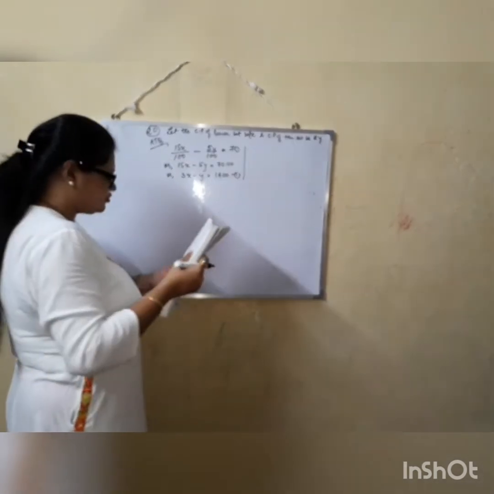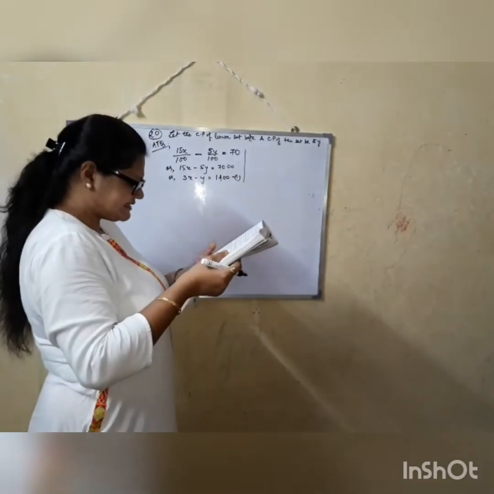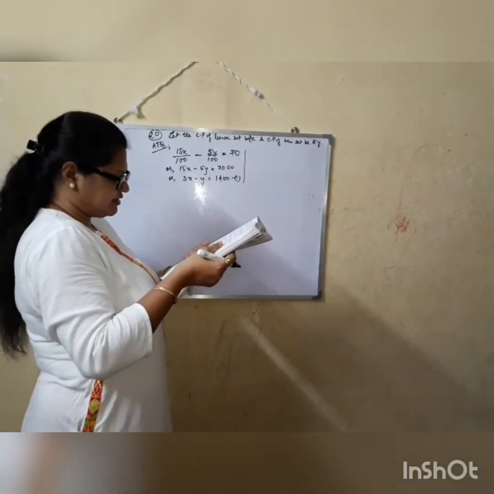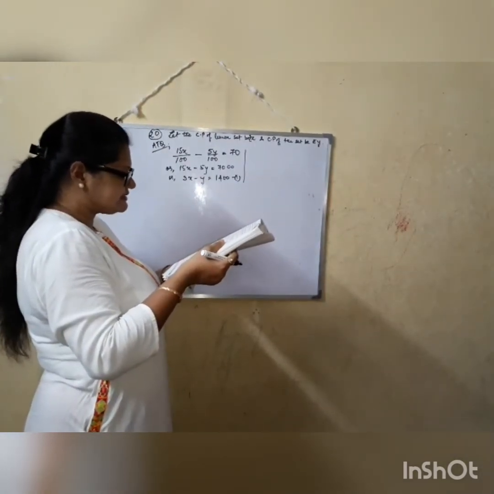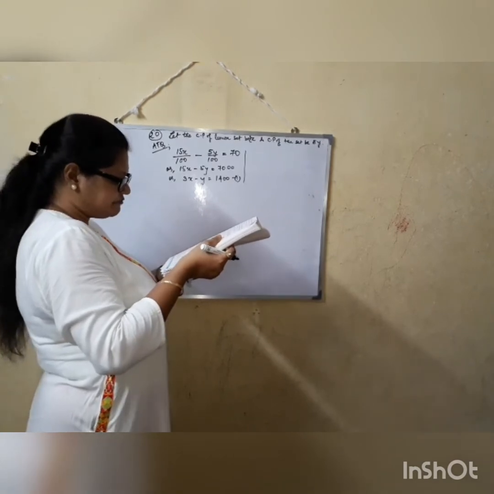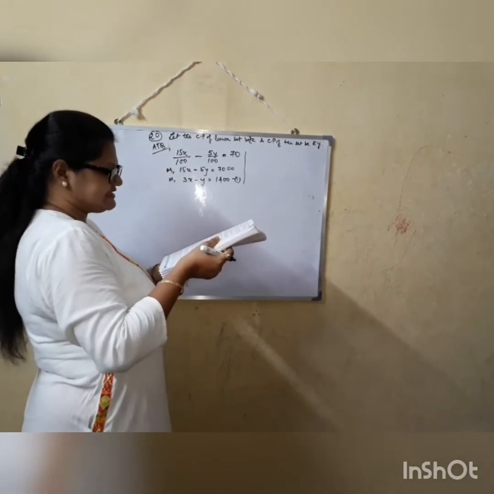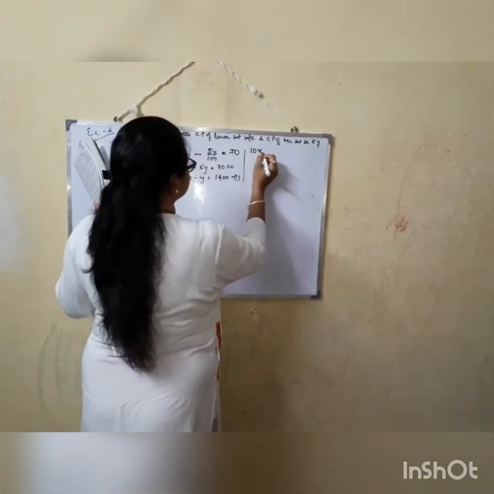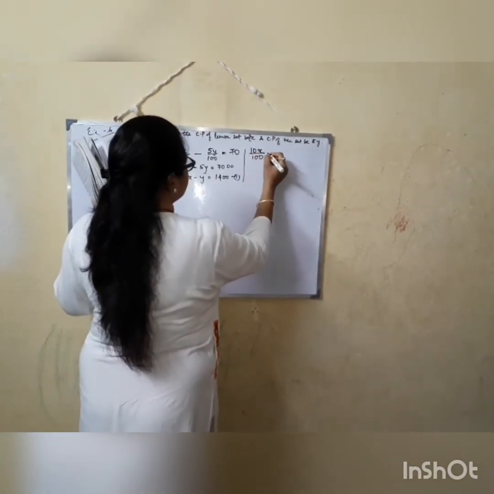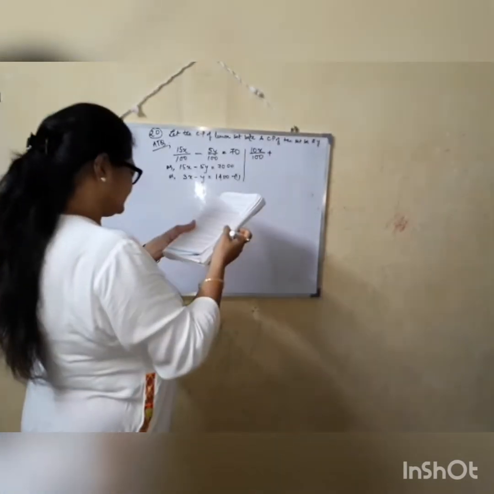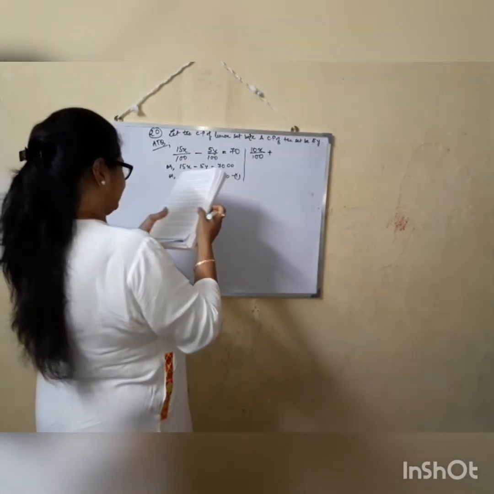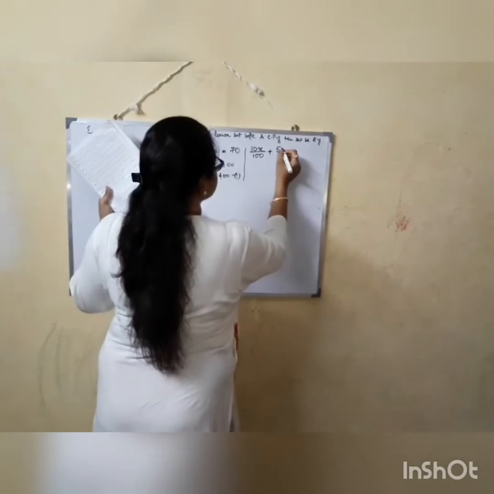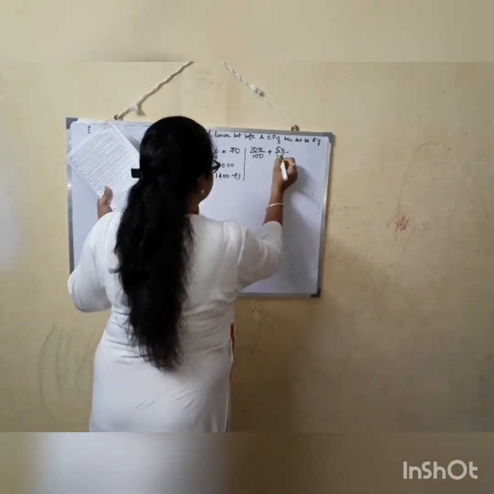The second equation, what do we get? Second equation states that if he sells the tea set at 5% gain and lemon set at 10% gain, so lemon set at 10% gain and tea set at 5% gain.